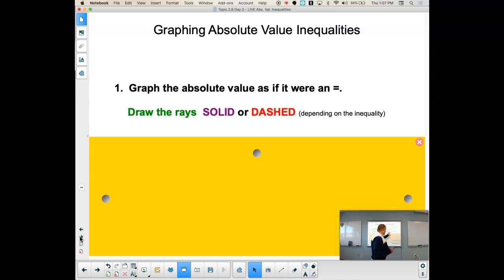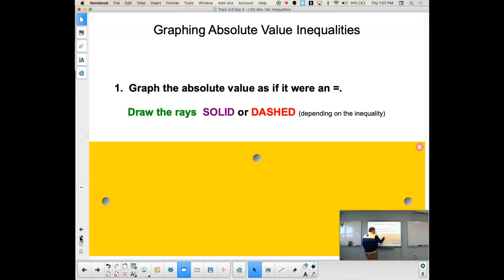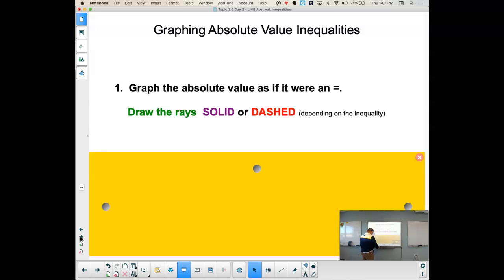And then when we draw it in, we got to make sure that we draw it in with our solid or our dashed lines. So our solid lines, those would be less than or equal to, greater than or equal to's. Our dashed lines would be less than's, greater than's. Okay? Just like yesterday and what you were doing yesterday after watching the video.